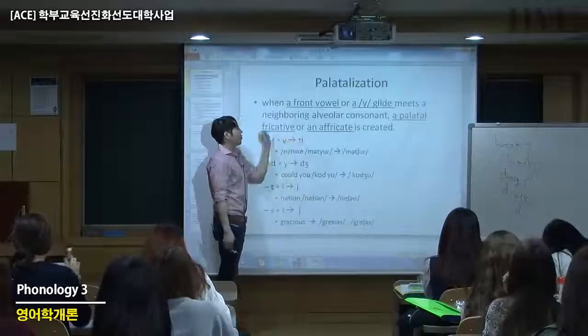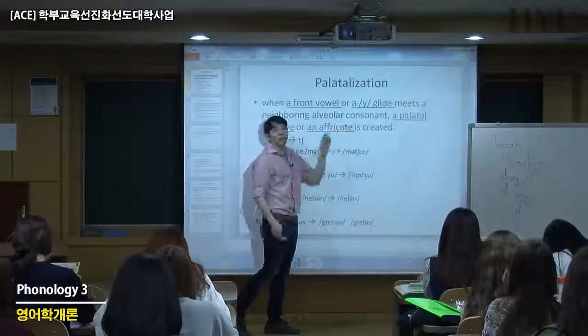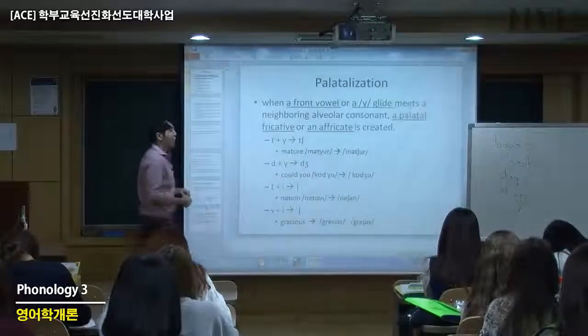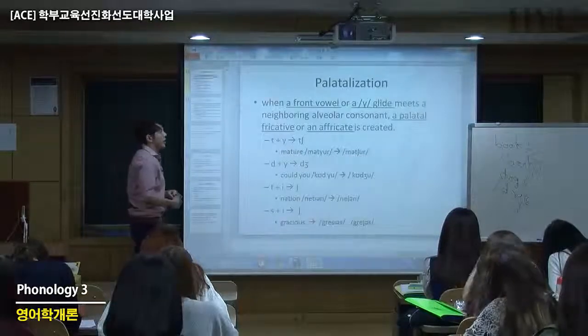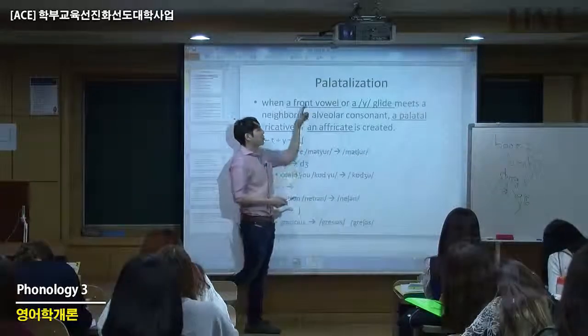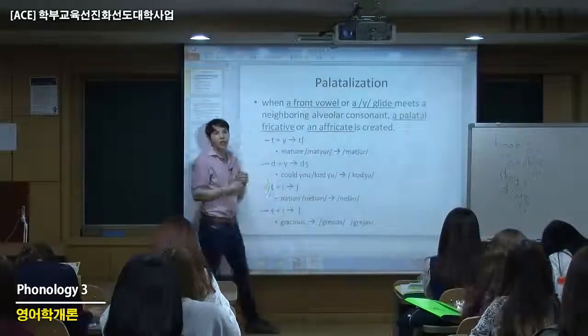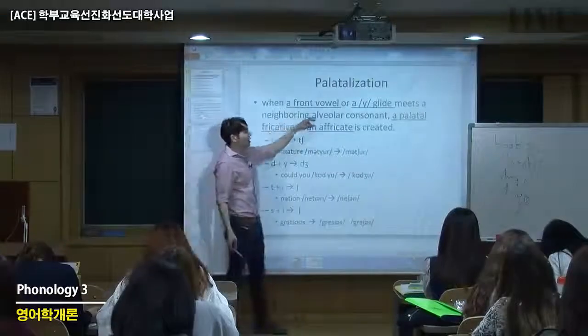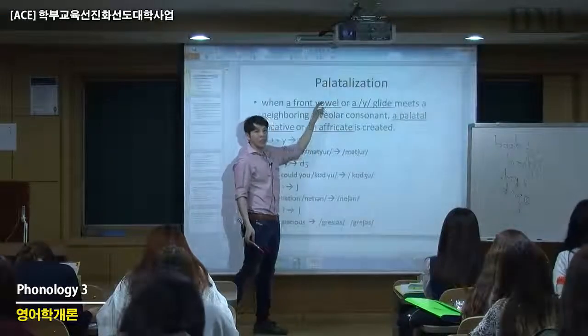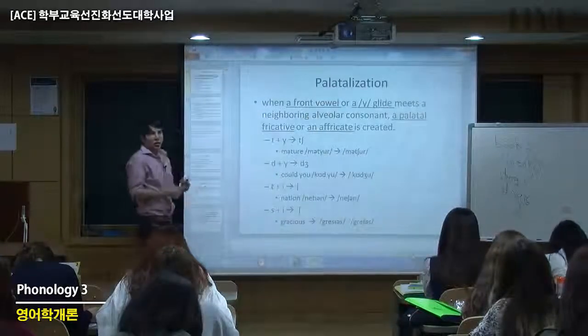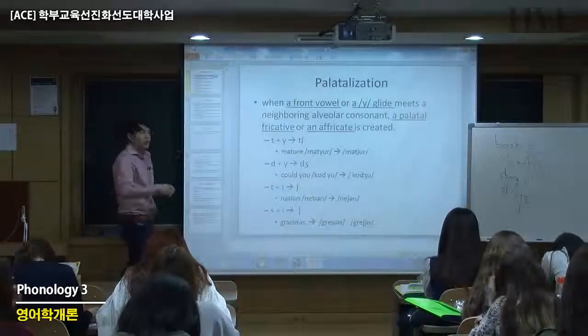So a palatal fricative or an affricate will be created. Because front meeting front will be in that palatal area, okay? An alveolar sound plus a Y or an E will result in a palatal sound, fricative or affricate.